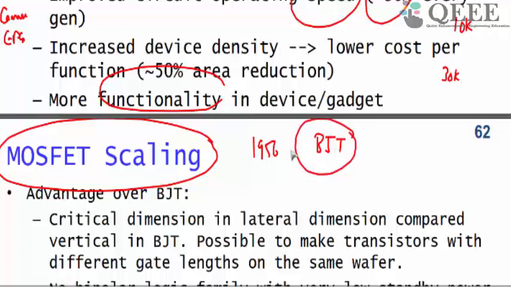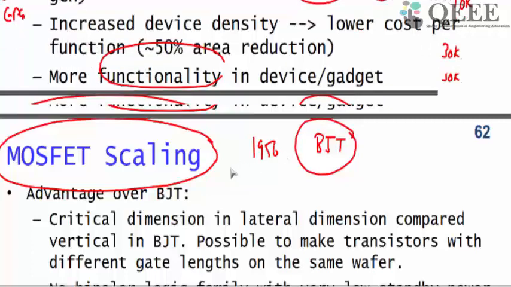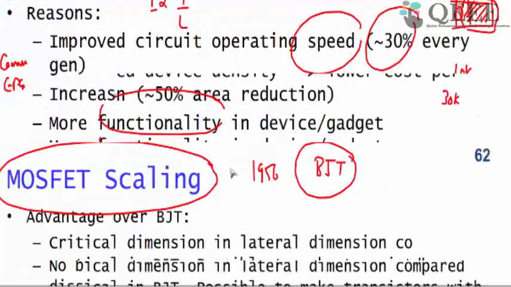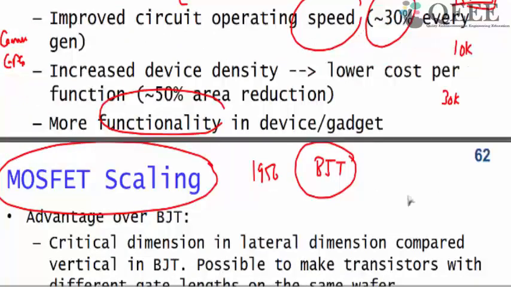But the MOSFET has some intrinsic advantages over the bipolar junction transistor. First, you may typically draw a bipolar junction transistor in your textbook as something like a PNP, but the real device doesn't look like this.